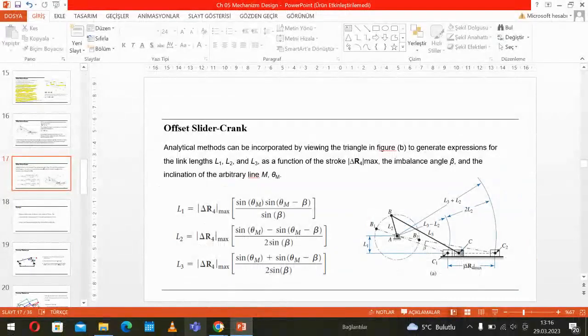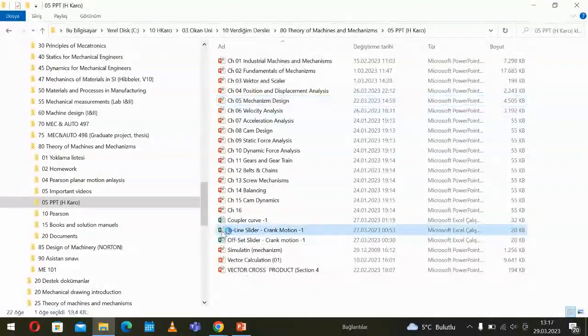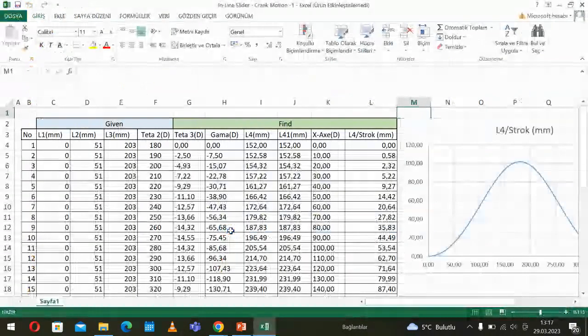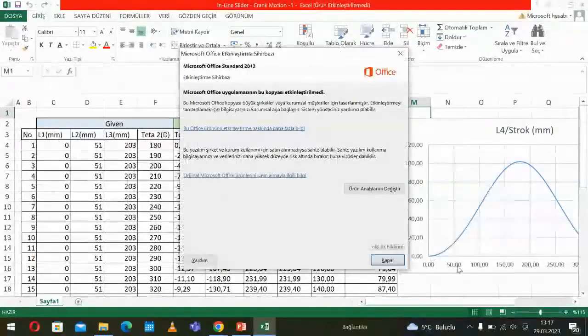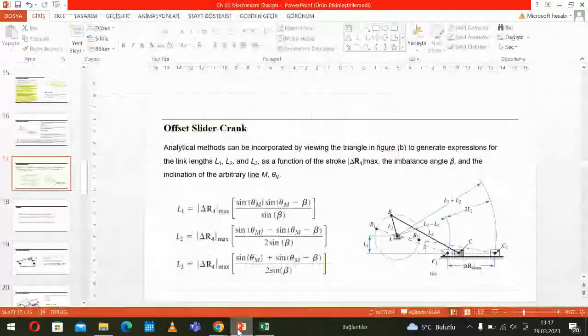I have an example for you, and you have to do it also on your own. Inline slider crank mechanism, for example. I use Excel, but you can use MATLAB or another program. You see here what is given. L1 is given. Where is the L1?